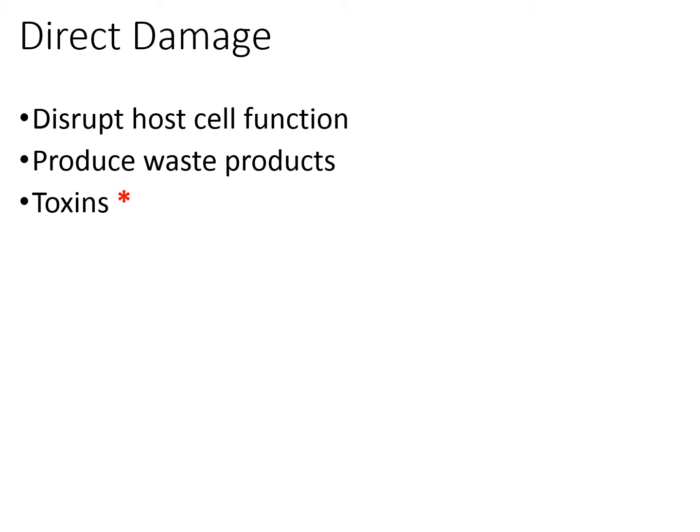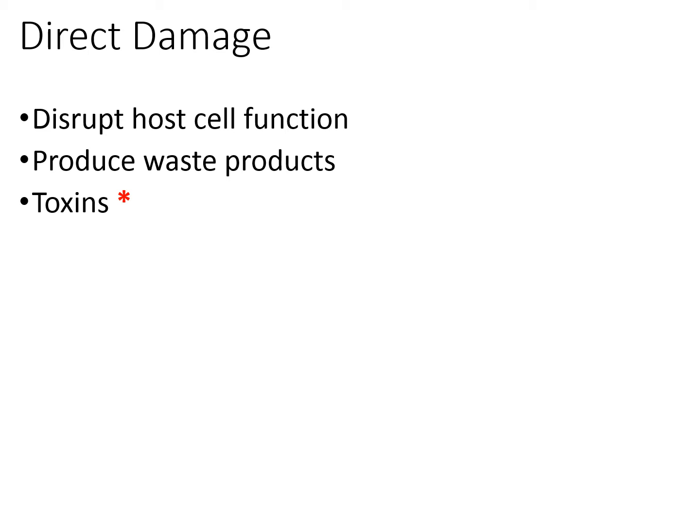And some of these waste products can be dangerous. They can be actually harmful to the cells in the tissues that these microbes are growing on. In addition, sometimes the infection of host cells by pathogens can lead to rupture of those host cells, which again leads to tissue damage.